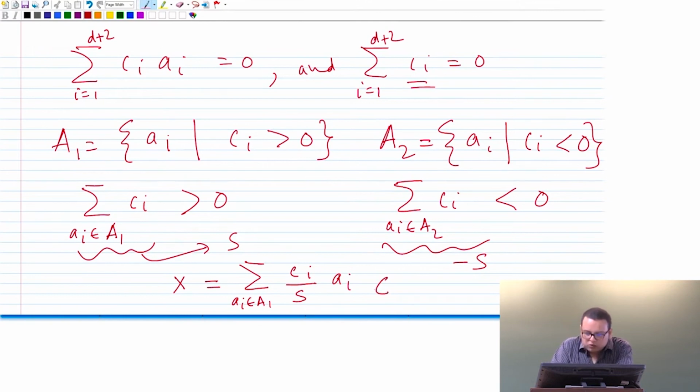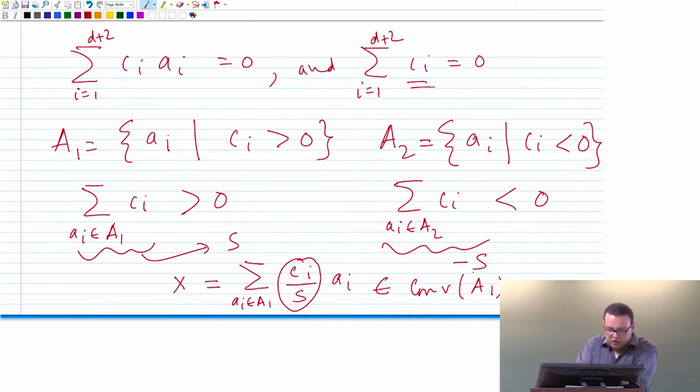This point belongs to where? Convex hull of A1. Why is that? If I sum these terms, it turns out to be 1. All of them are positive. So, this point x belongs to convex hull of A1.